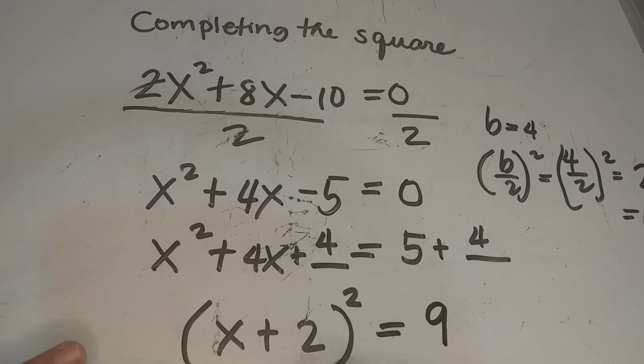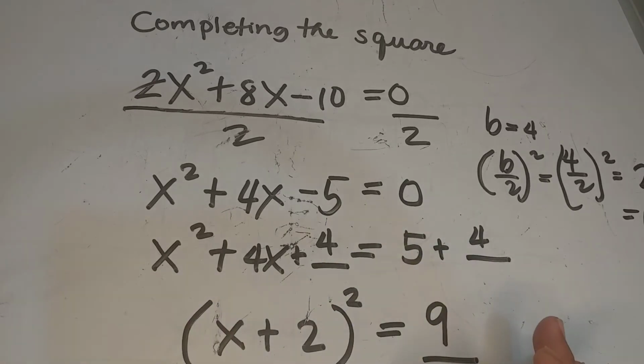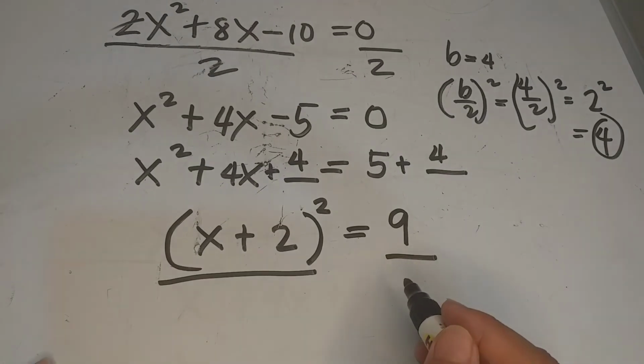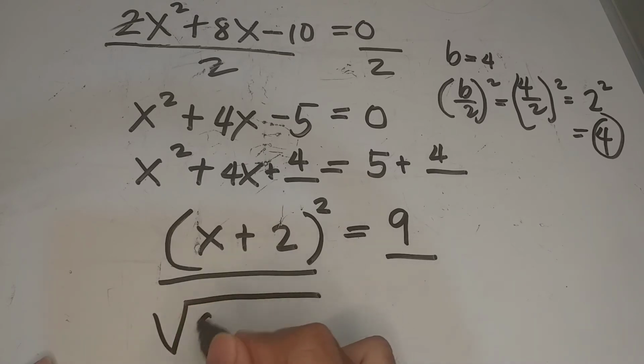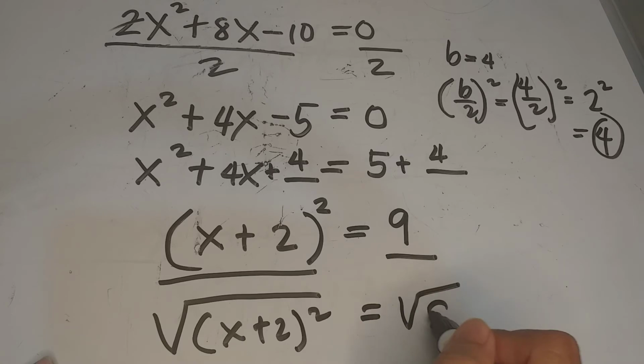Now we're there in perfect square sa left kasi naka-second power, and perfect square sa right. Pag naging perfect square sila both sides, what you have to do is to find the square root. So, the square root of x plus 2 squared and the square root of 9.